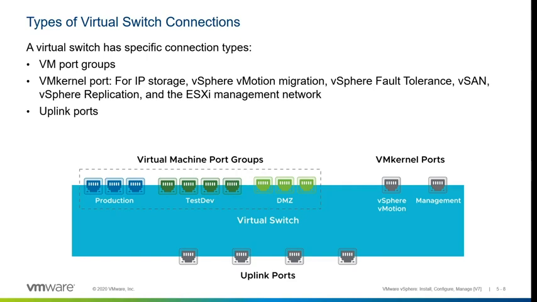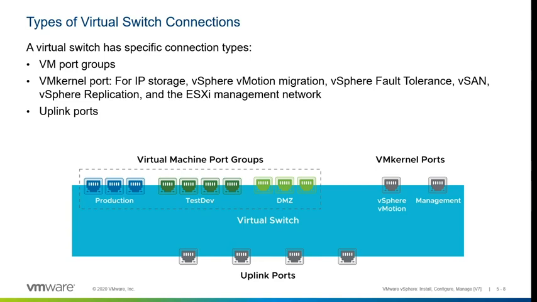We call those virtual machine port groups. Okay? And that would be very similar to a standard Ethernet switch. Okay? But we also have what are called VM kernel ports. And in a VM kernel port, what we're using those for is to connect ESXi hosts to one another, as well as to IP-based storage.